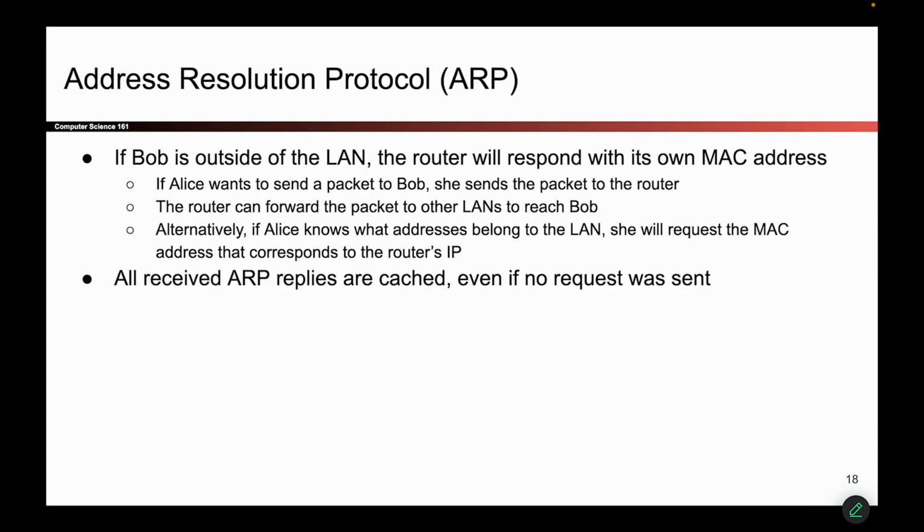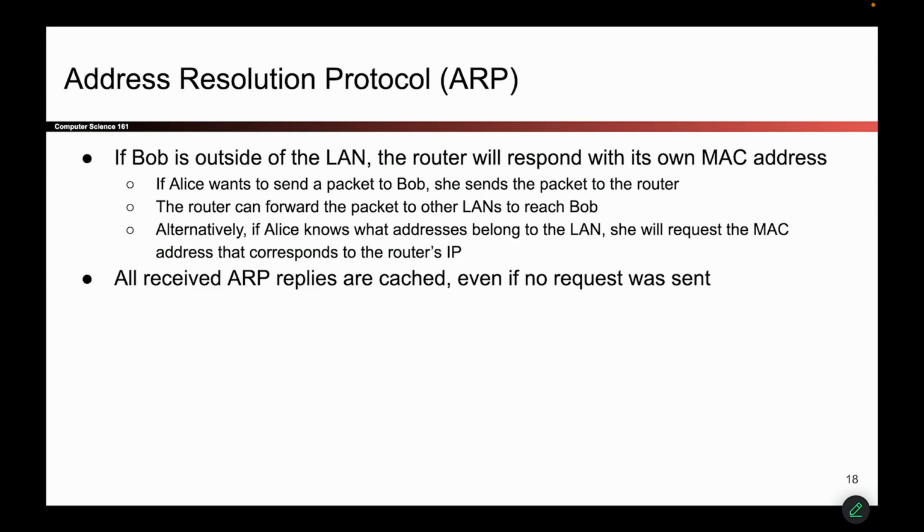Now here are some little footnotes about how ARP works. If Bob was somehow not inside the local network, for example, Alice wanted to know Bob's MAC address, but Bob is somewhere really far away in a totally different network, then what usually happens is that the router will respond and say, Bob's not here, but if you want to talk to Bob, you can send a message to me. Here's my MAC address.